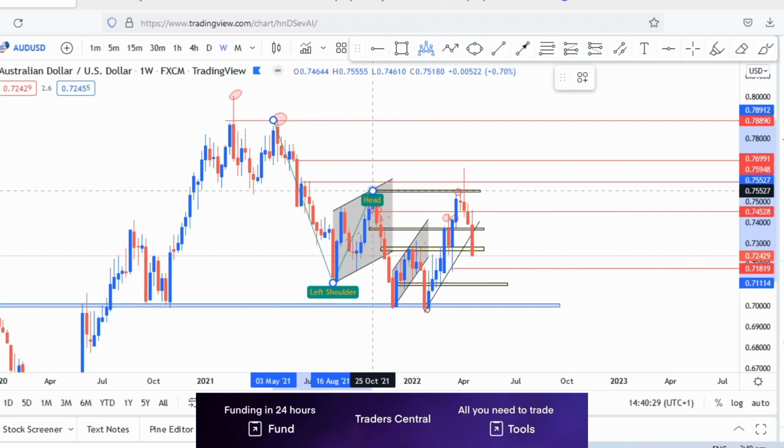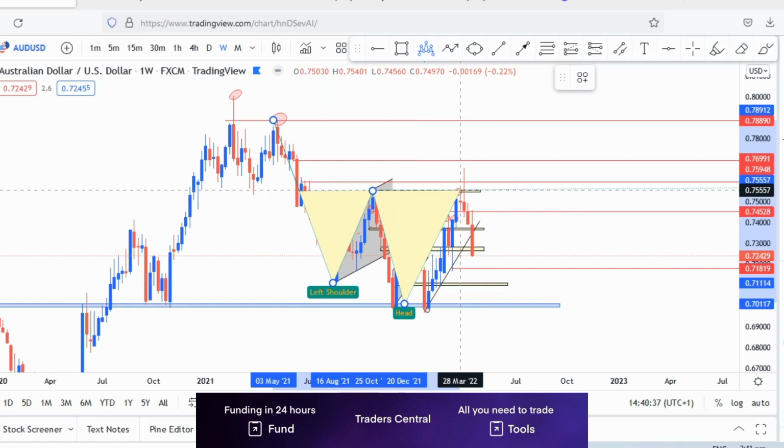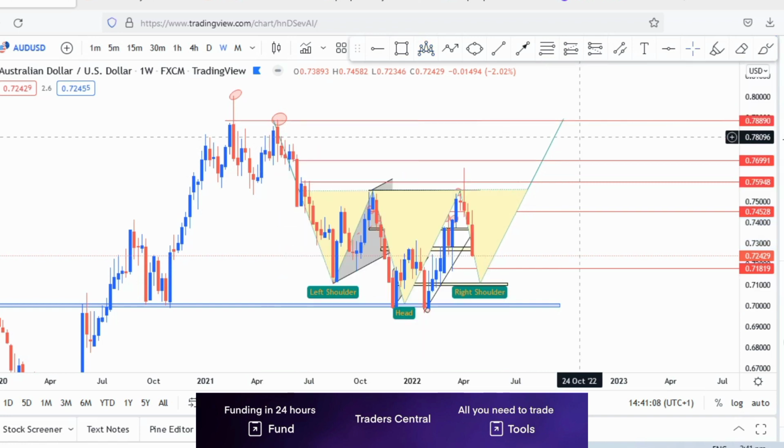Okay, so with that being the left shoulder, with this being the head divided into two, that's with the double bottom pattern, and then the right shoulder is about to form now, which could form around this area here between this support level at the 0.72 area or the 0.71 area, which we expect price to get to. And then if price gives us a bullish reversal around that area, then we'll be looking to complete the inverse head and shoulders pattern, and price moves all the way to the 0.79 area, where we'll be looking to exit the trade.